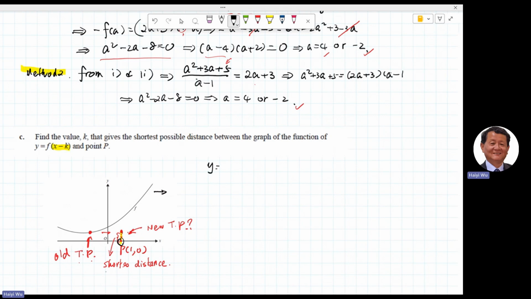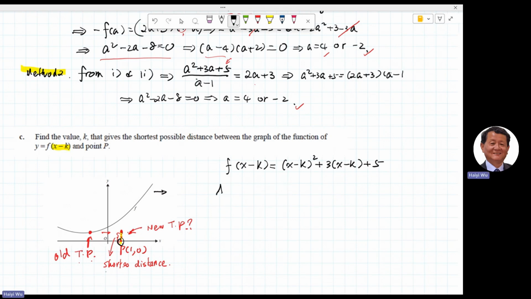So we replace f(x) with f(x minus k). It means plug this in: (x minus k) squared plus 3(x minus k) plus 5. So x is replaced with that, and we translate it to the right by k units. Because that's the new function, and a turning point means a stationary point, we need to differentiate and set equal to 0.